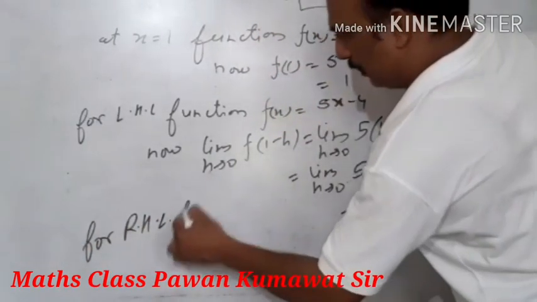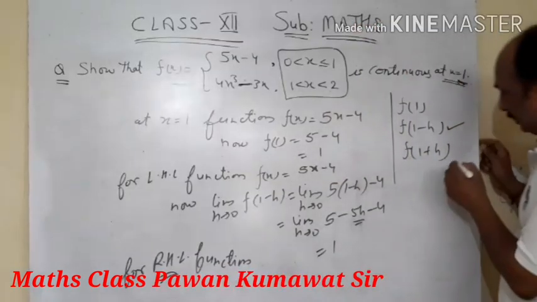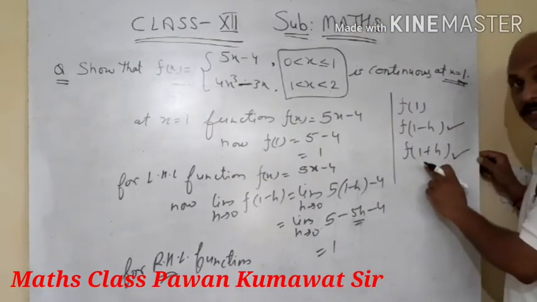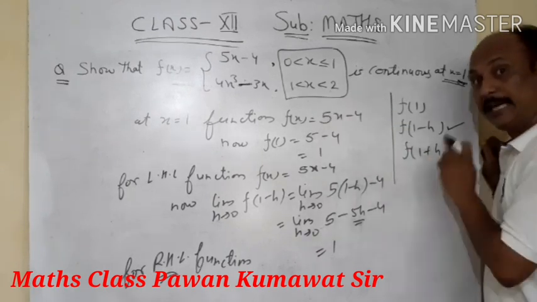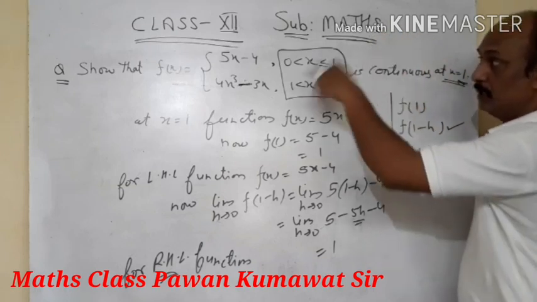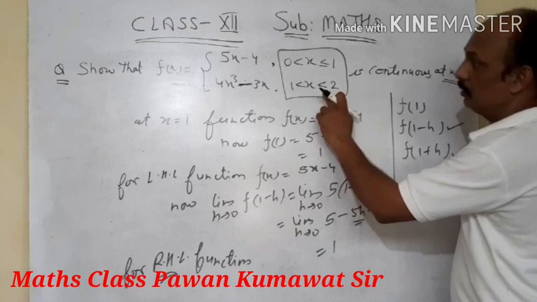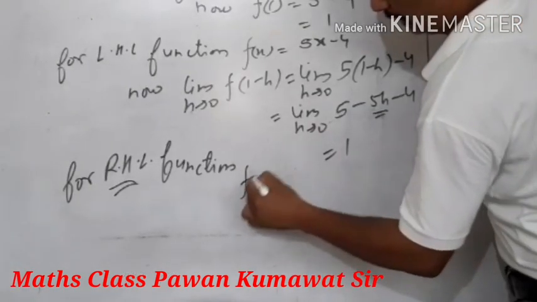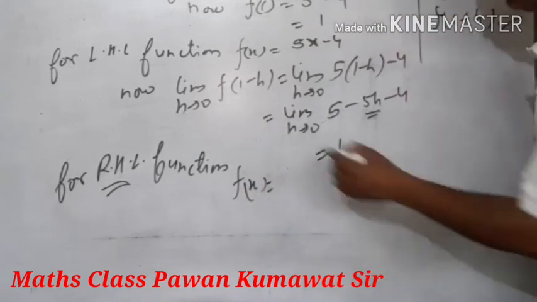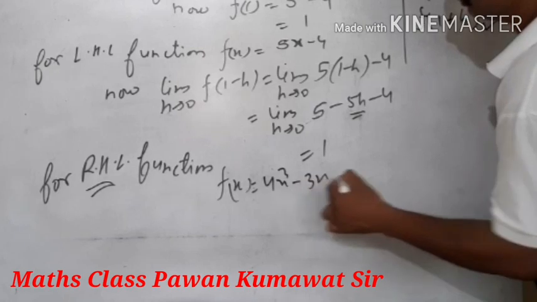Same for the RHL function. That is the case of RHL here, 1 plus h. 1 plus h means x is greater than 1. In which condition? Here, x is greater than 1. So select the function f(x) is equal to 4x cube minus 3x.